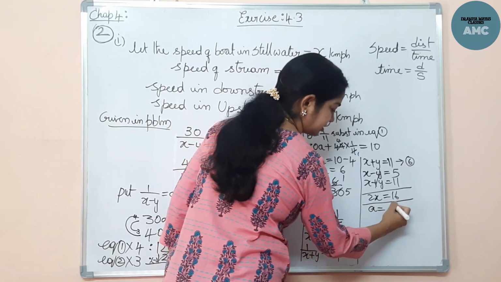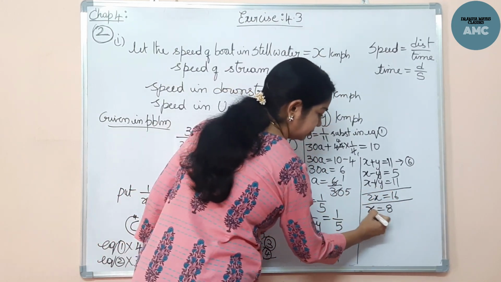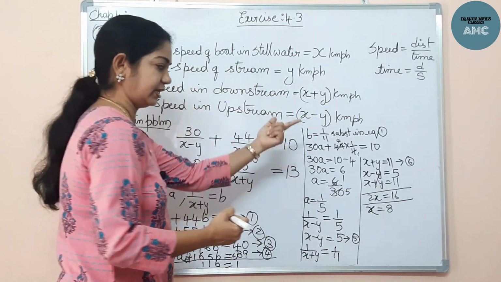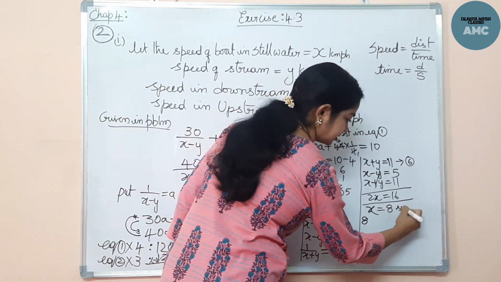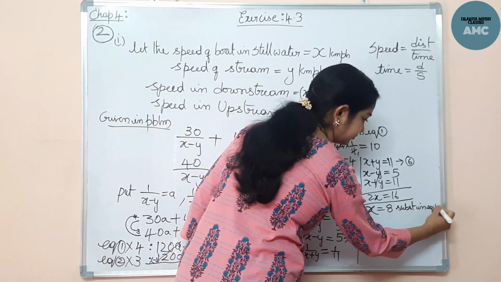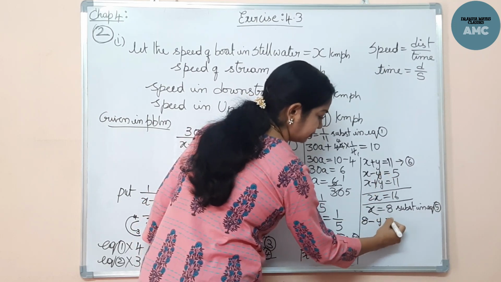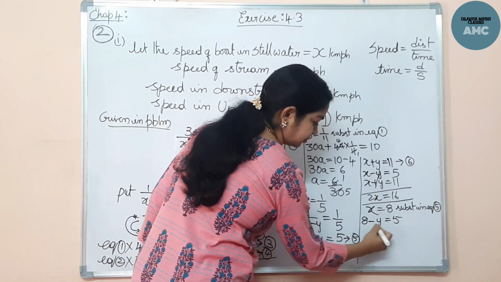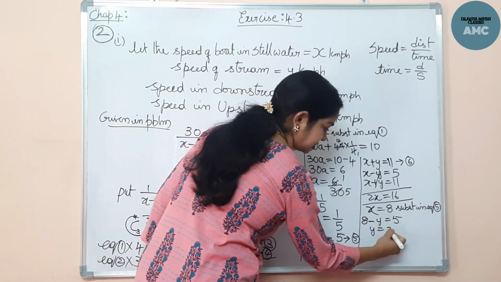So x equal to 16 by 2, that is x equal to 8. Now substitute 8 in equation 5. So 8 minus y equal to 5. So y equal to just 3.